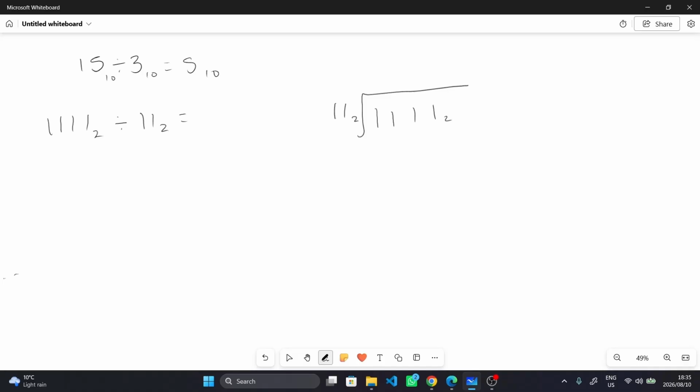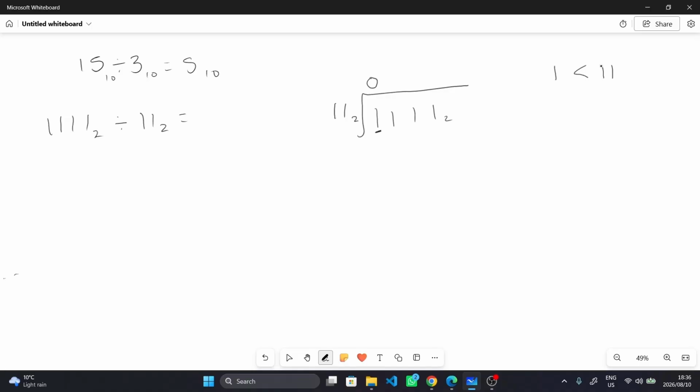Right. So here I use a simple method that works for me. I check the first value first. So that is 1. So I check, is this value greater than or less than 11? It's less than, right? If it's less than, I put a 0 there.